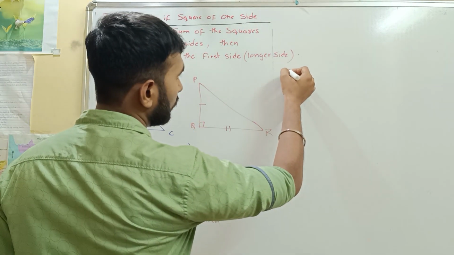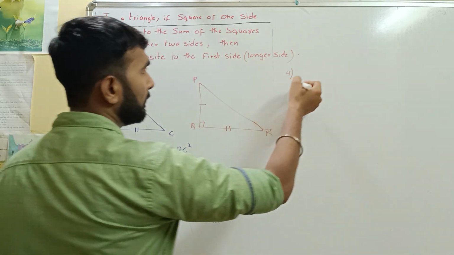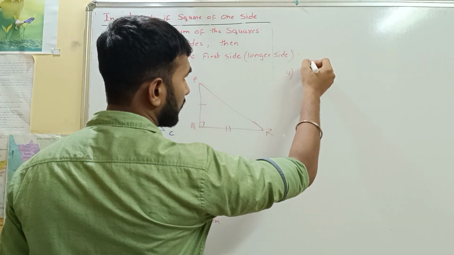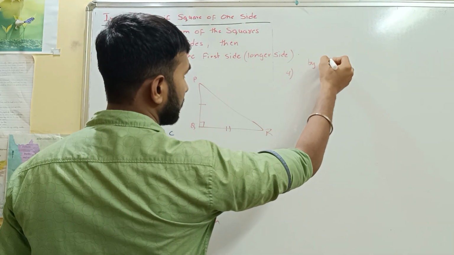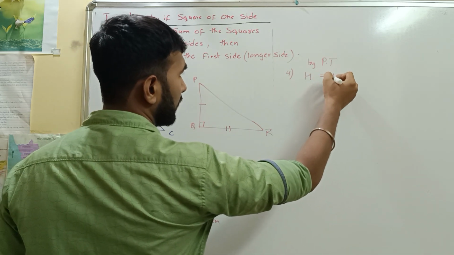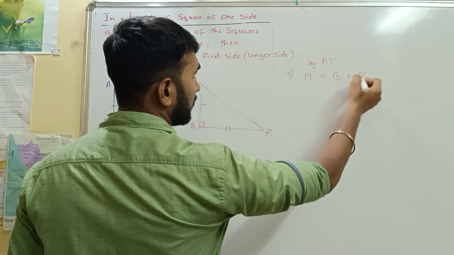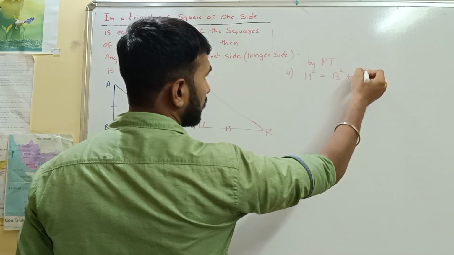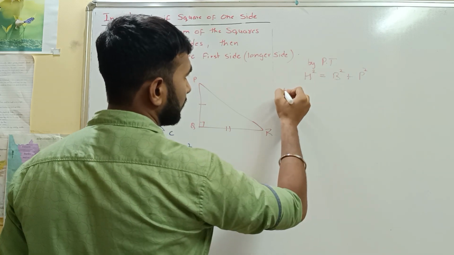So step number 4, by Pythagoras theorem. Let this step number 4 be here.